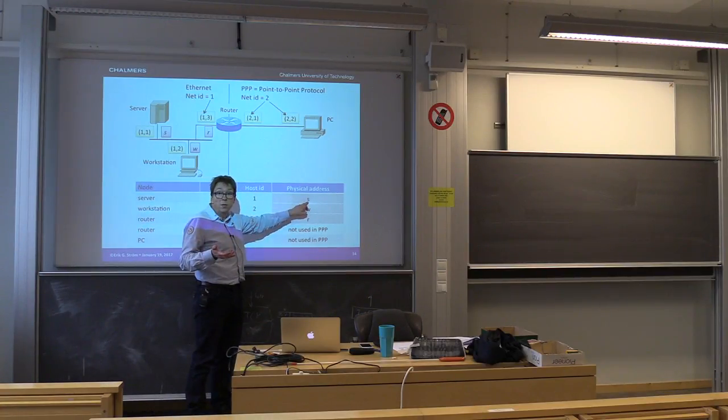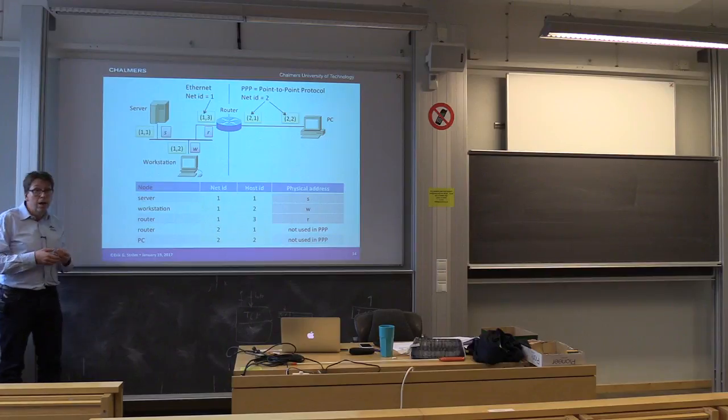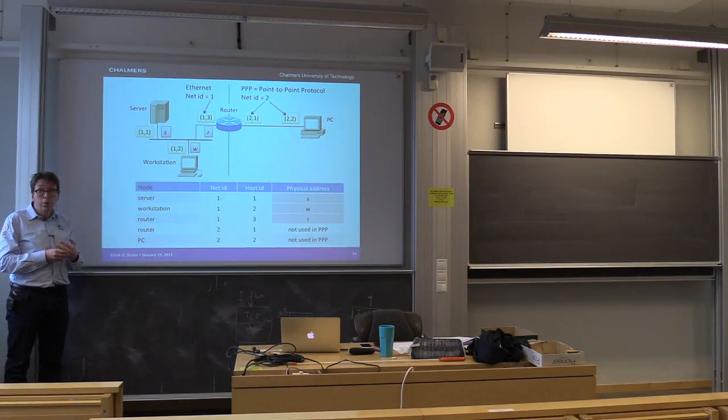It could just ask its interface card, what is my address? But how does it know W and R? This it needs to figure out. So there is a helper protocol called Address Resolution Protocol, ARP, that does this for the IP layer. The IP layer asks the ARP protocol to figure out the physical address for an IP address.